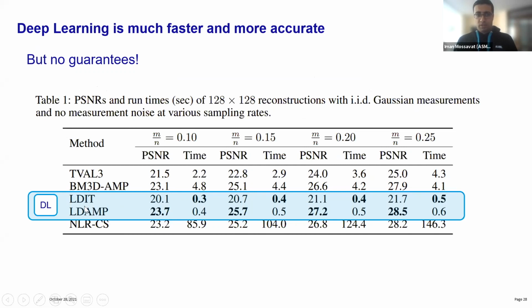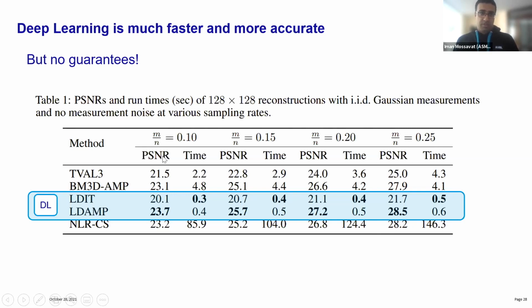But if I now look into different methods, and these are very powerful methods, these two methods are based on deep learning, and you see here different measurement rates. Here is a much higher measurement rate: the number of measurements is a quarter of the number of signals, and here you have measurements for just 10% of the total number of pixels.